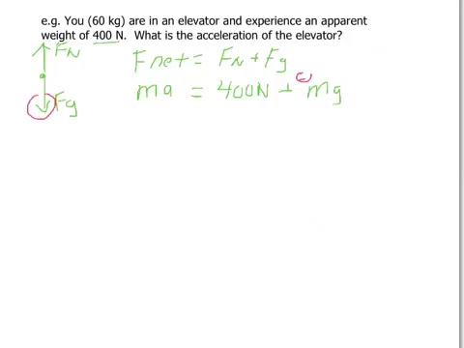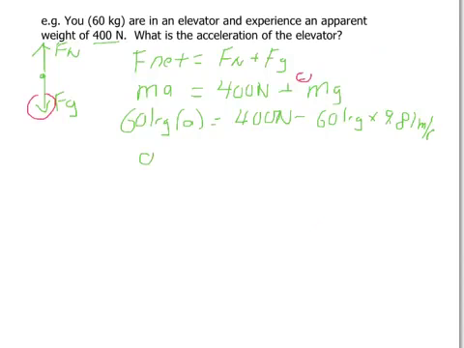Let's substitute in some more numbers. 60 kilograms times a equals 400 newtons minus 60 kilograms times 9.81 meters per second squared. Solve for a equals 400 newtons minus 60 kilograms times 9.81, all divided by 60 kilograms.